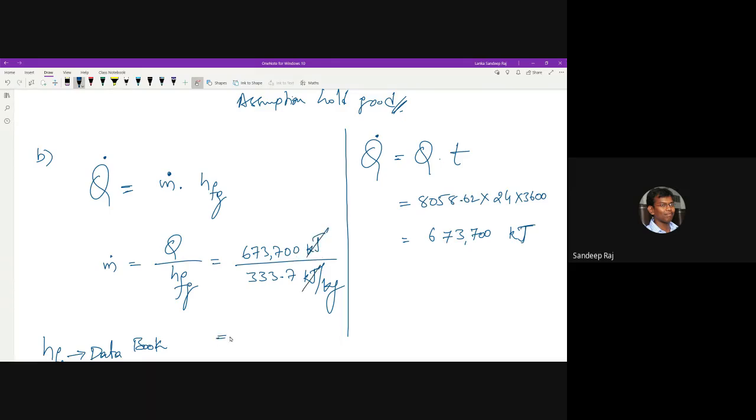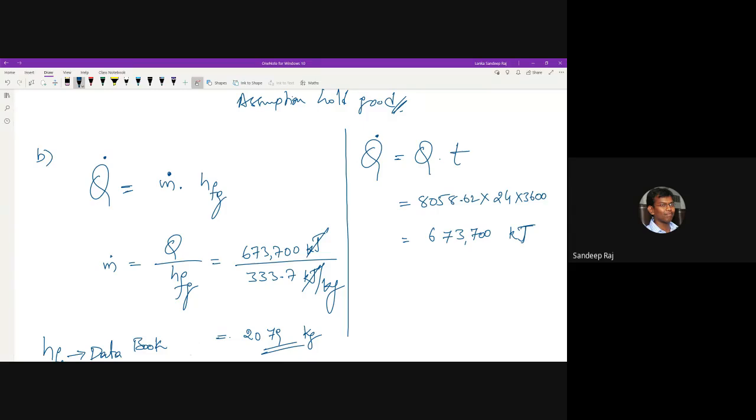This kilojoule goes, and they will have the answer in kgs. What is the value? 2079 kgs. That will be the quantity of ice that is there inside that spherical tank in a 24-hour period.